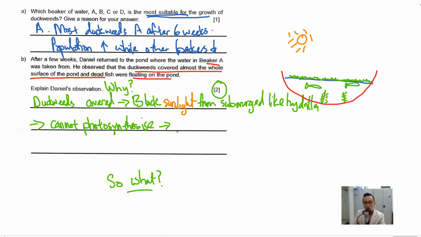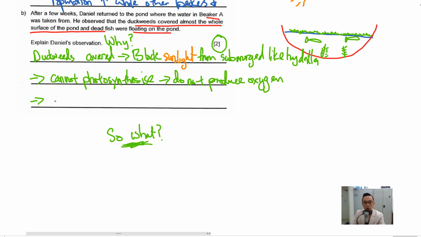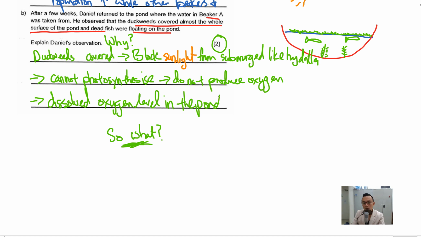And so what if you cannot photosynthesize? Then you do not produce oxygen. This is the key thing. And so what if you do not produce oxygen? The dissolved oxygen level in the pond will decrease.